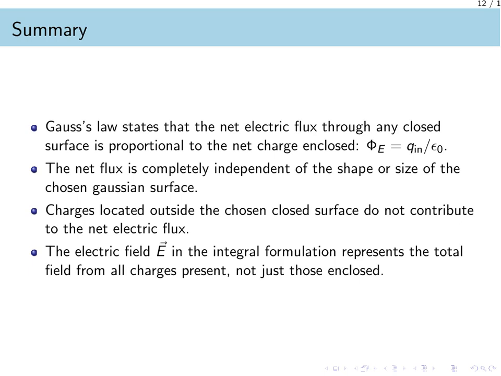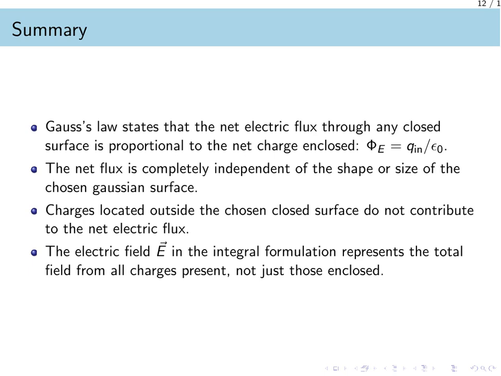To summarize our discussion today, Gauss's law states that the net electric flux passing through any closed imaginary surface is directly proportional to the net charge enclosed by that surface. Mathematically, the net flux equals the enclosed charge divided by the vacuum permittivity. We learned that this net flux is completely independent of the chosen shape or the size of the Gaussian surface.